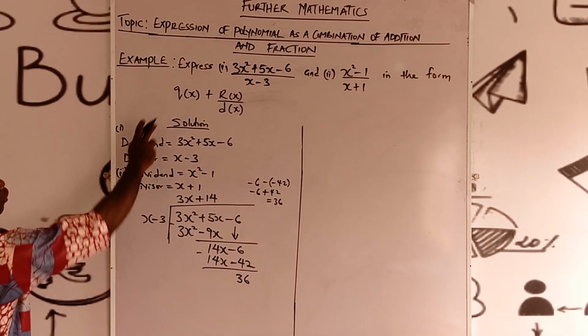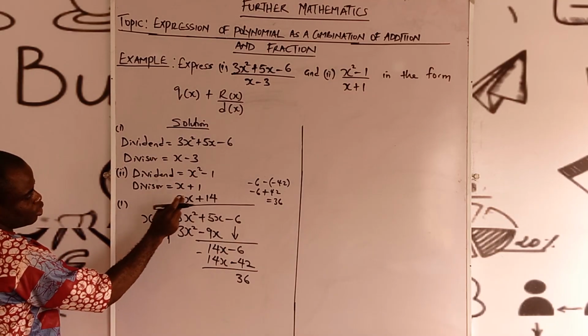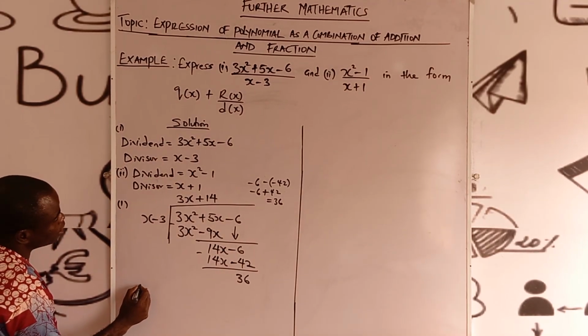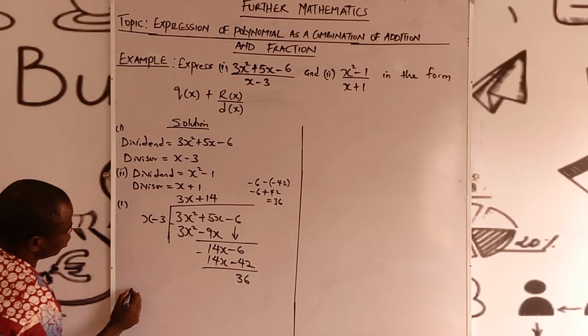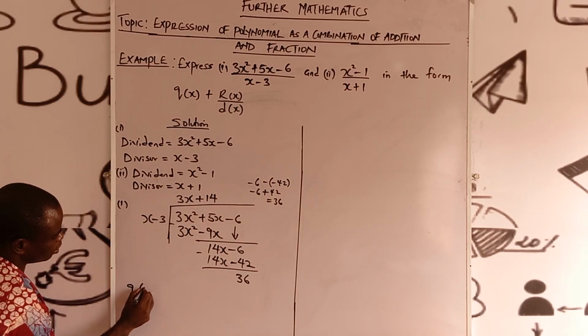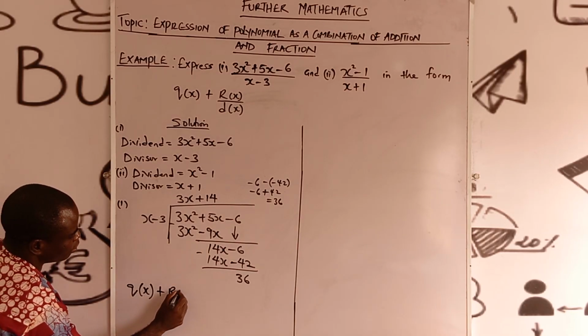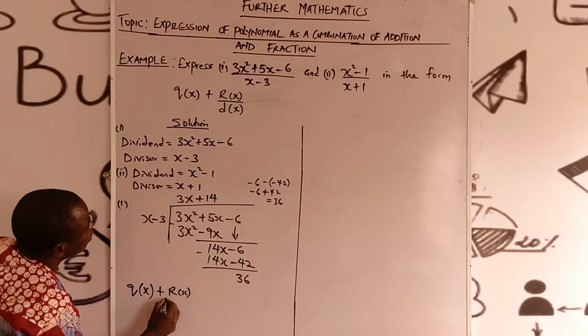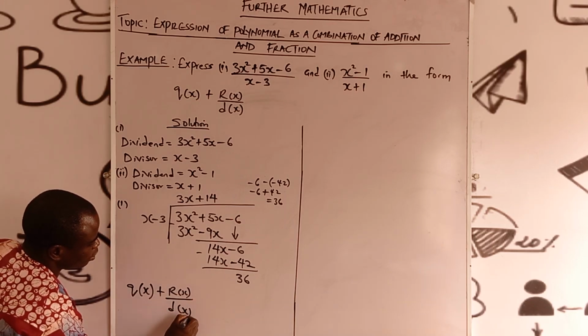Okay, now to be in this form, these are our quotient. It will be Q(x) plus R(x) over D(x).